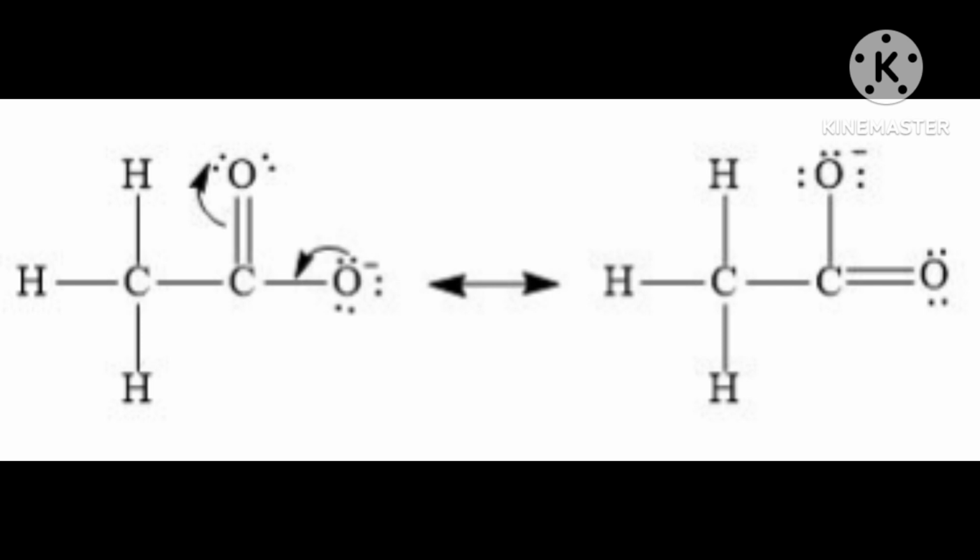And one more structure, the third structure, is there. All are interconvertible. Now in the third structure, what will happen is that oxygen, which was having three lone pairs, will give one pair of electrons, and this pair will be given to the first carbon.